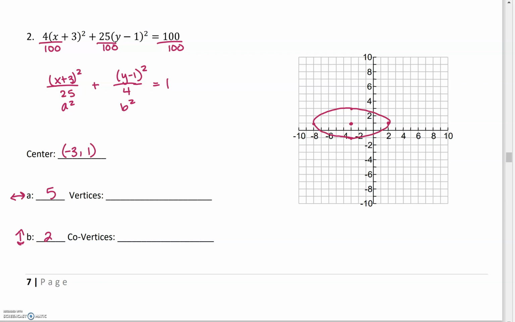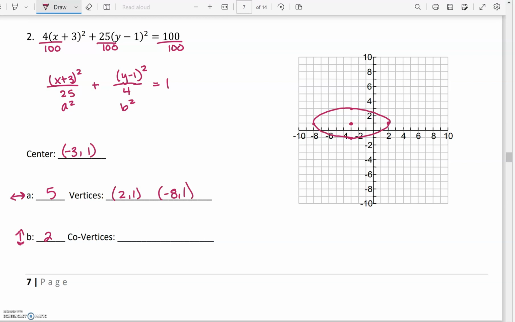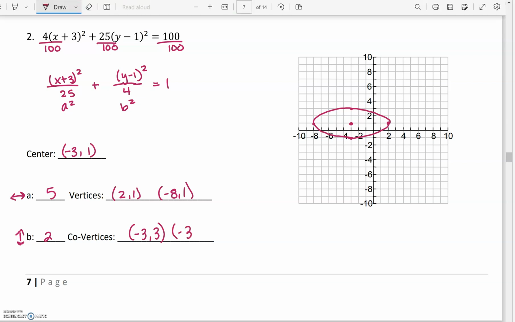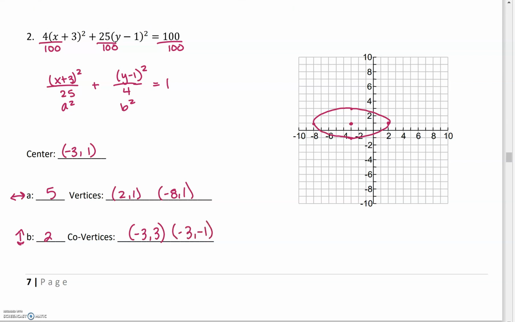And so our vertices are at 2, 1 and -8, 1, and our co-vertices are at -3, 3 and -3, -1.